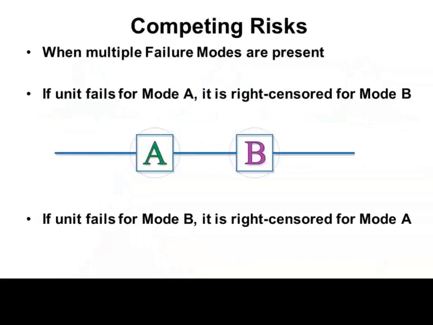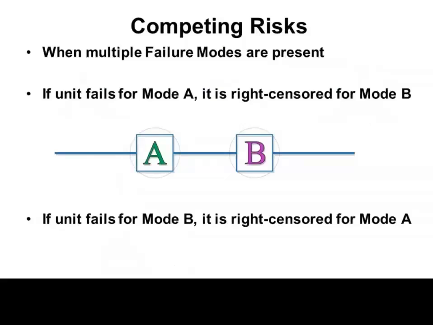Now, one idea with this is, if we have two failure modes, A and B, we say that they follow a competing risks model. What does that mean? If a unit fails for one failure mode, it has to come off the test, and it'll never fail for the other failure mode.